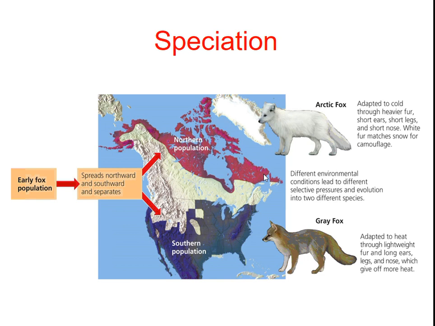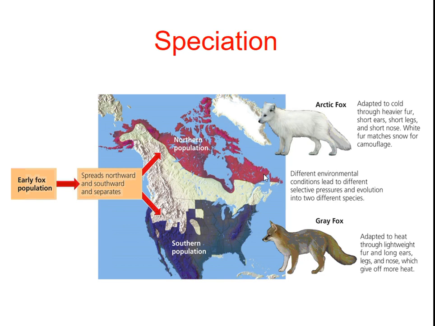The environment therefore selected for and against some of these selective traits, and consequently, the gene pool within these two separate populations now changed so dramatically that if these populations were to intermix, they could no longer interbreed.